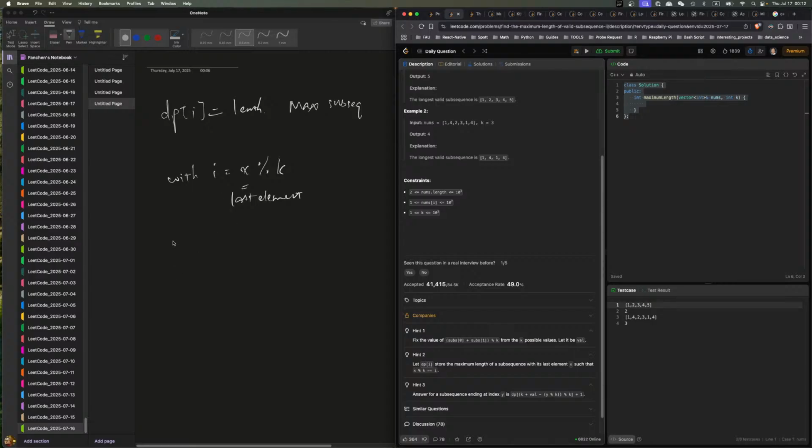Hold on, what does k plus val do? k is a divisor, right? And val is a fixed value. I want this to be divisible.